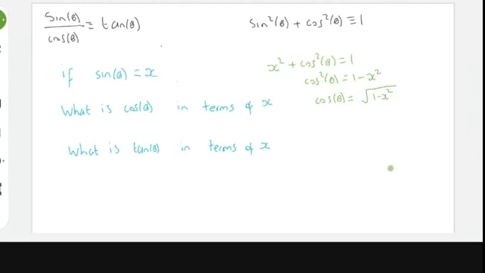So that's that relationship there. And then, now that we know sine and cos, we know that tan of theta is the same thing as sine theta over cos theta. So that gives us x over the square root of 1 minus x squared. And that's an expression there in terms of x.